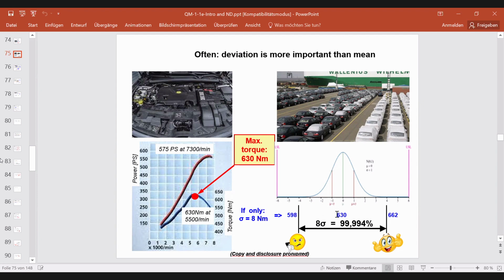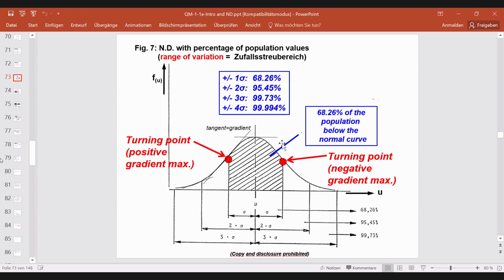So this shows it is not always enough to have a look at the mean. You also have to look at the standard deviation, and one standard deviation is not enough.